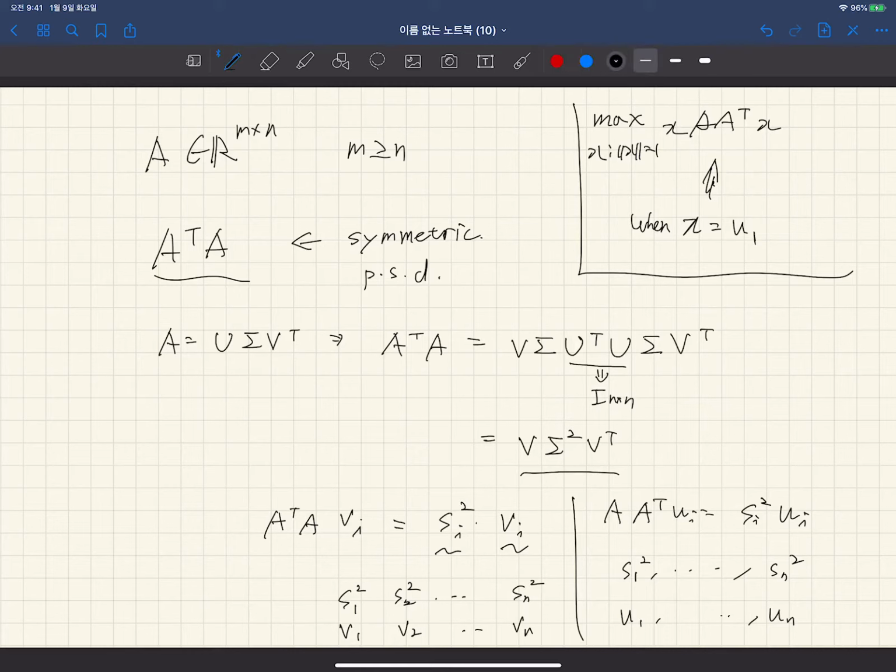When x is u1, x transpose A A transpose x is equal to S1 square. That comes from the definition of eigenvalue, eigenvector, singular value and singular vector. Why do I explain this? Because this concept has a strong connection to principal component analysis.